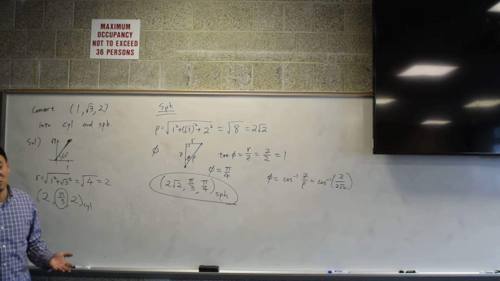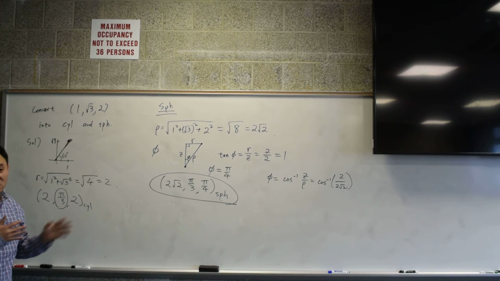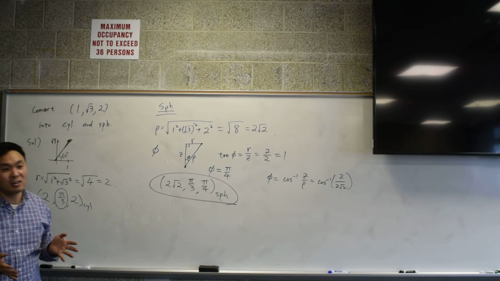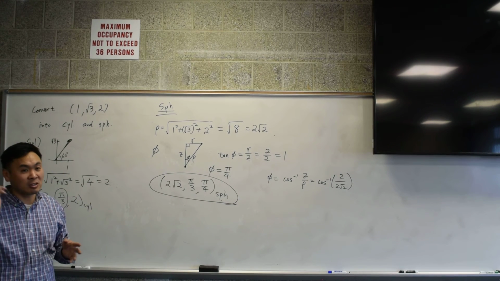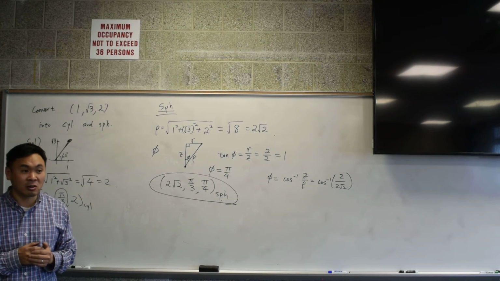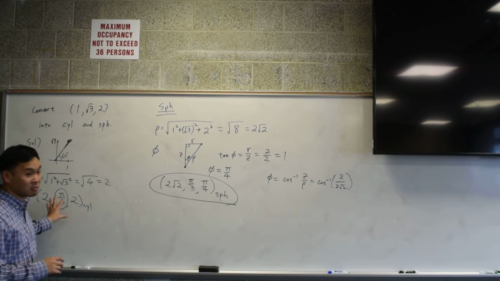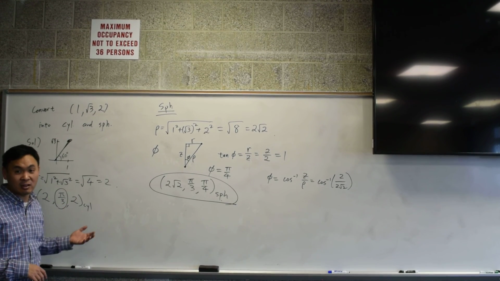I don't know why they do that, because that causes confusion. Then going from cylindrical to spherical causes a huge confusion. But that seems to be the way that people do it in the engineering courses. So that's something to keep in mind when you see spherical coordinates in engineering textbooks, because in most cases they have the symbols switched. What we call theta, they call phi. What we call phi, they call theta.